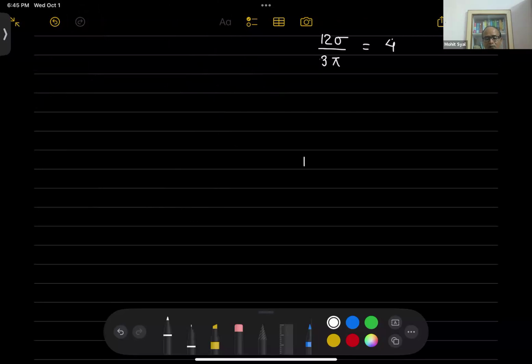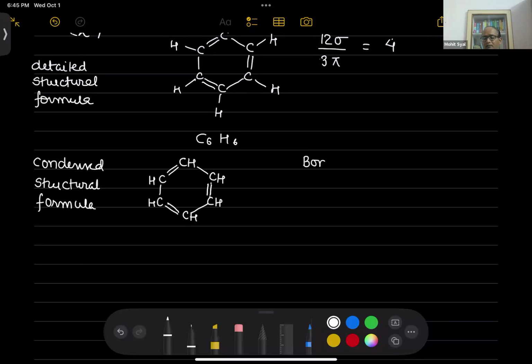The next formula is the bond line representation. In bond line representation, you don't write the carbon and the hydrogen atoms because that is obvious. Listen to me very carefully.